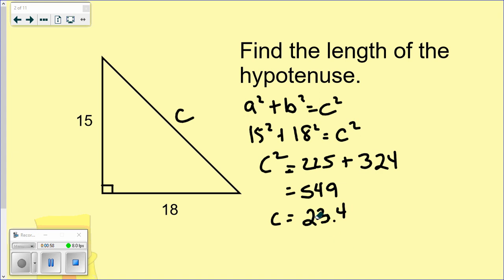Well, it's a little Pinocchio there. Okay, so hopefully that's review. I mean, you've been doing this since grade 8.